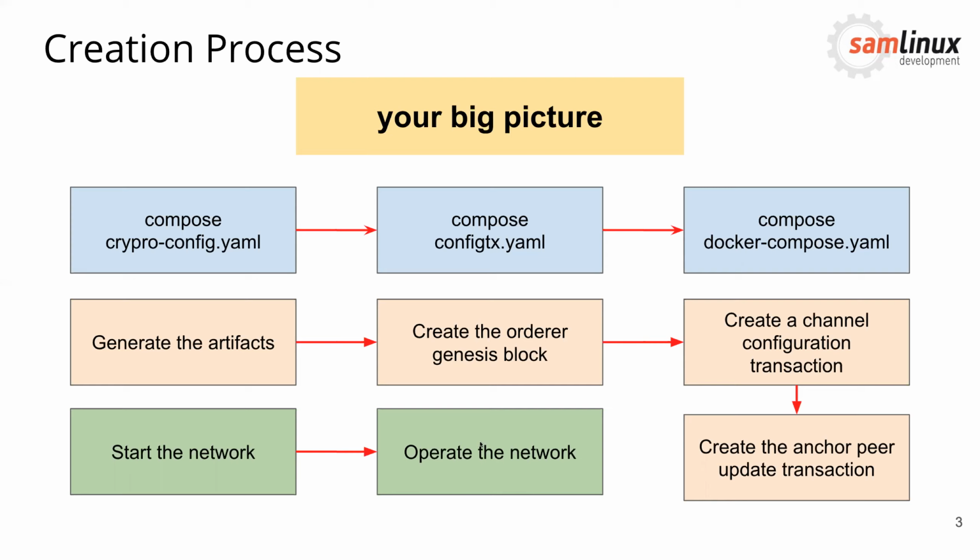And this is the second line here, the second step. And then we can start the network and operate the network and try to do what we want with it, install chaincode and so on. So these are the steps from a high level which we are going to do to create a new network.